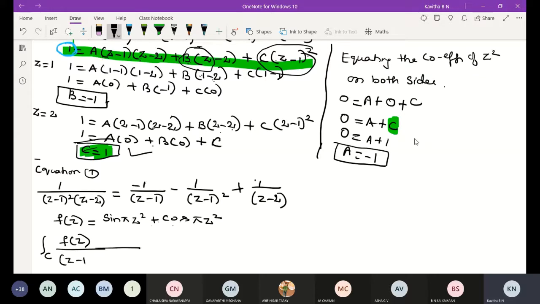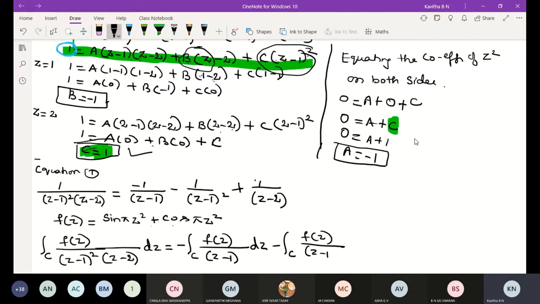Then in the denominator write down as it is, (z minus 1) whole square (z minus 2) into dz, is equal to, similarly on the RHS side also, minus integral over C of f of z divided by (z minus 1) dz, minus integral over C of f of z by (z minus 1) whole square dz, plus integral over C of f of z divided by (z minus 2) into dz.